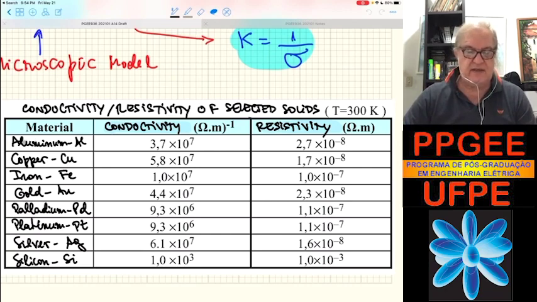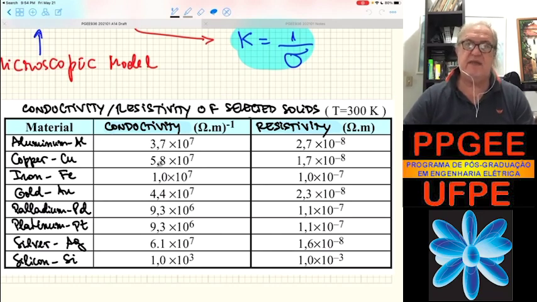So if we look at conductivity, the figures for good conductors are typically 10 to the 7, almost 10 to the 8. In SI units, conductivity is measured in ohm meter to the minus 1, and resistivity in ohm meter, right? So we have to look at those things here, 10 to the 7. Aluminum has a conductivity of 3.7.